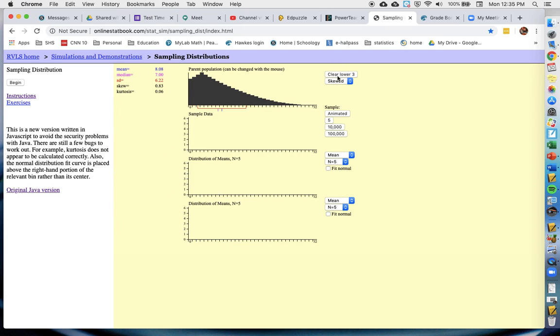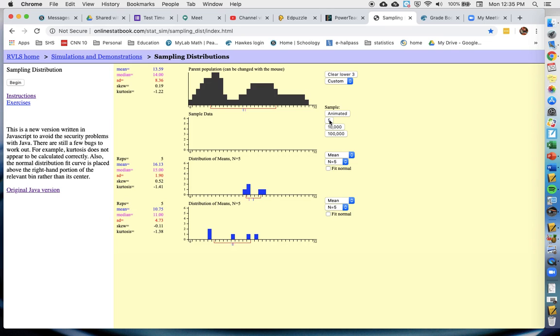Okay, let's do that again. This time, let's just do one that's just kind of, whoa, like that. Okay, so here's my population, and we'll start taking samples. I'm taking 5 at a time, finding the mean, finding the mean of the sample means.